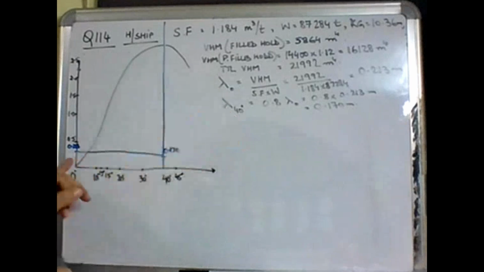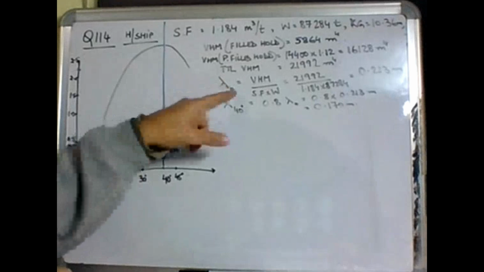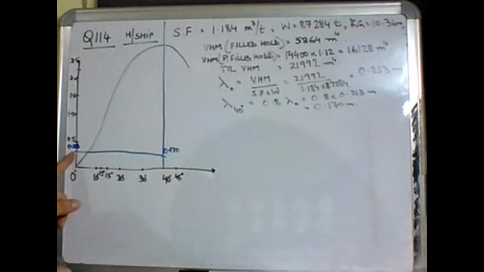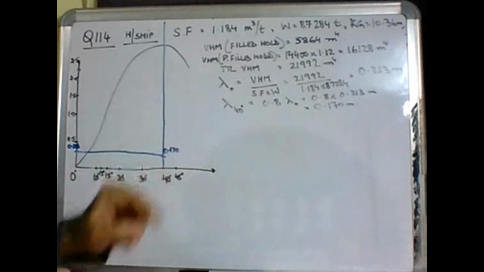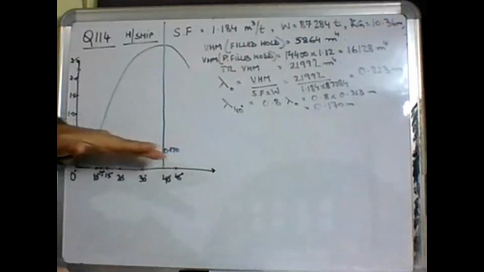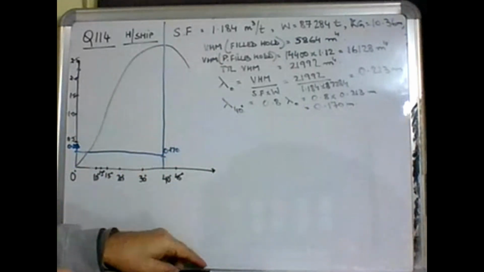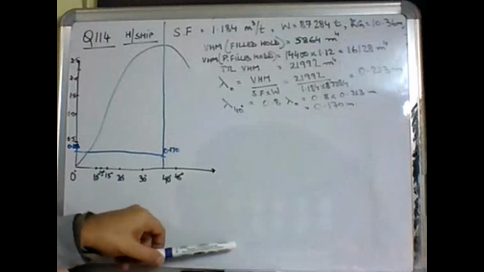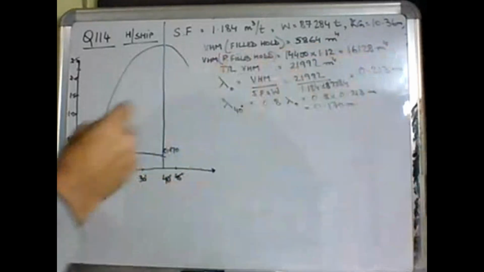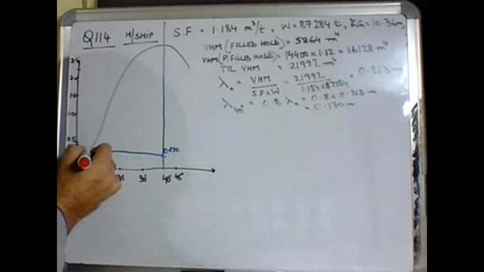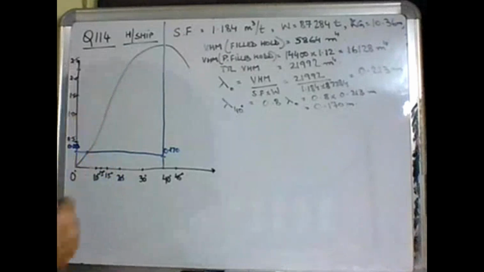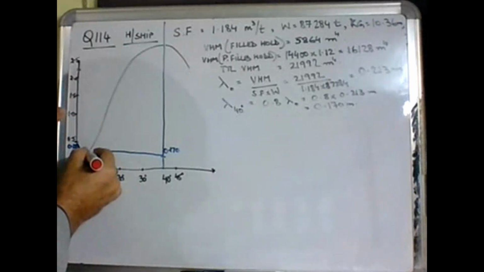So the value at 0 degree is 0.213, which is picked up on the y-axis, and the value at 40 degrees is 0.8 times that value. So there will be a slight taper, which goes downward like this. The point at which the healing arm curve cuts the GZ curve is this point. From this point, you drop a perpendicular down.